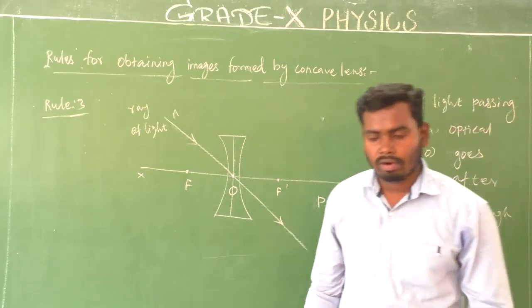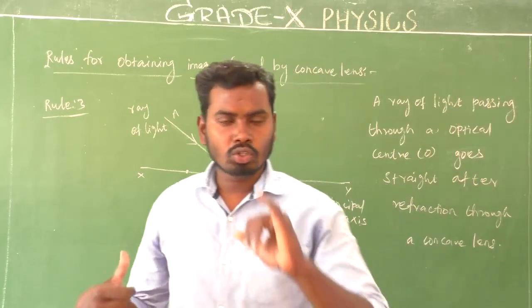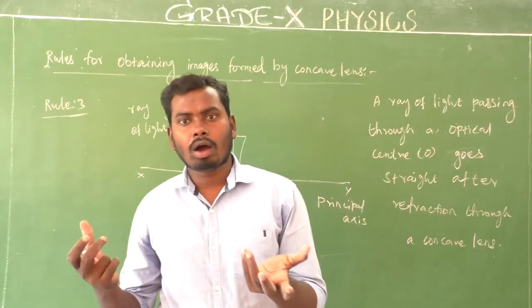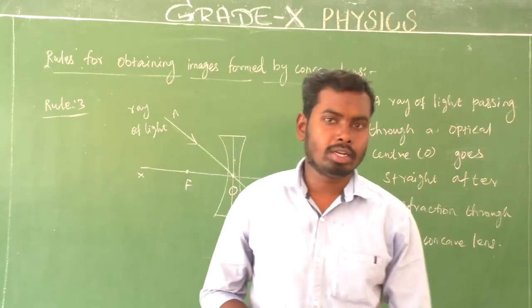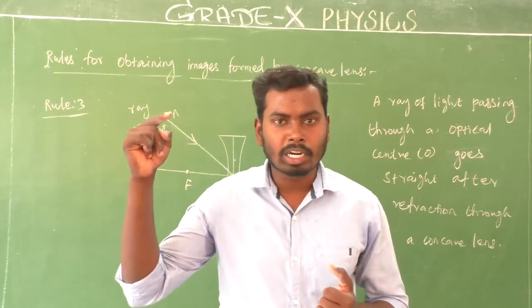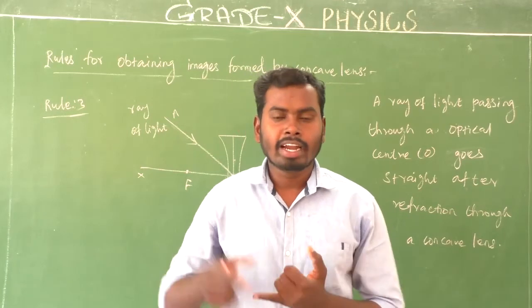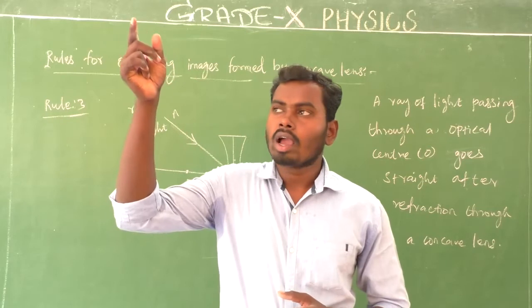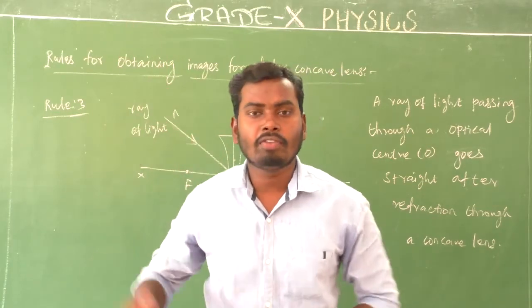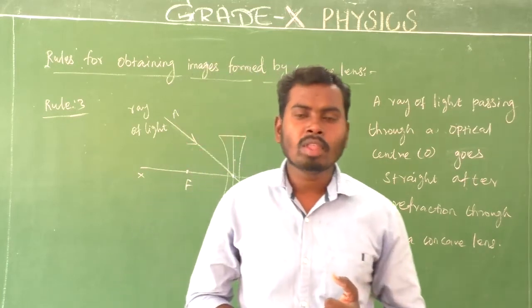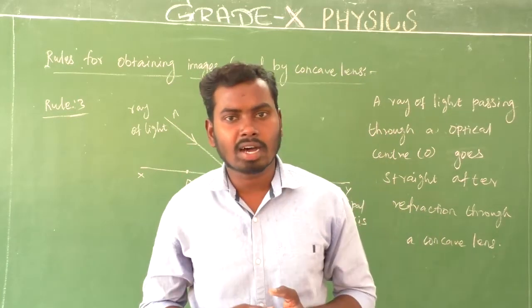Is it clear? What is the first rule? Till now we have seen three rules for obtaining images formed by concave lens. The first rule: a ray of light parallel to the principal axis of a concave lens appears to be coming from its focus after refraction through it. What is the second rule, sir? The second rule is actually the reverse case of the first rule.